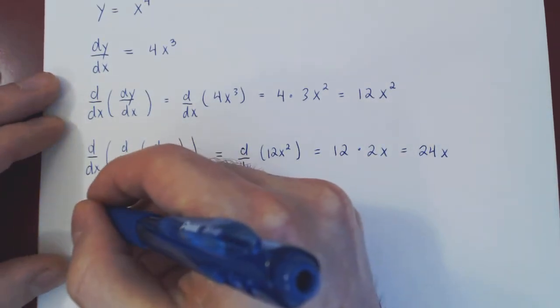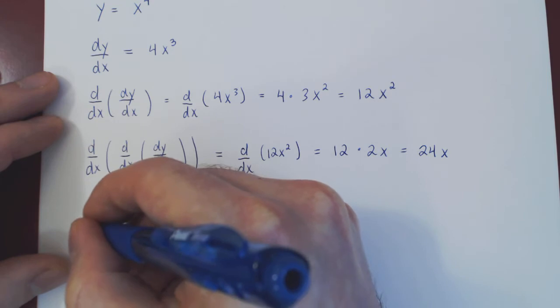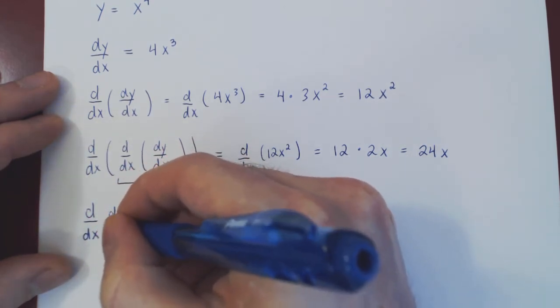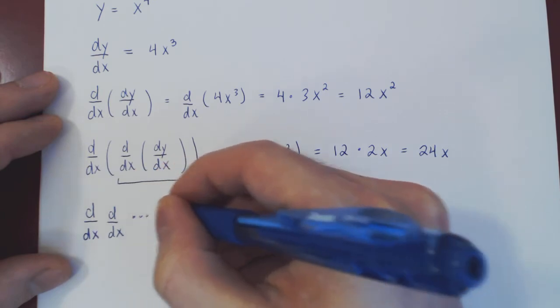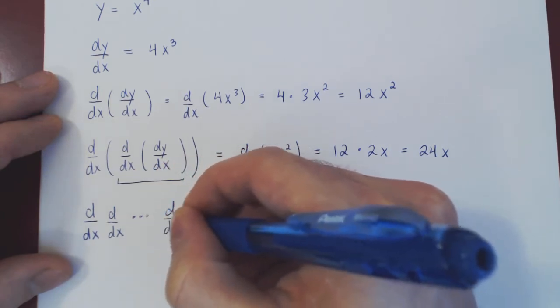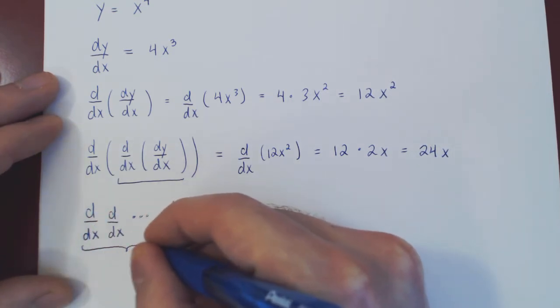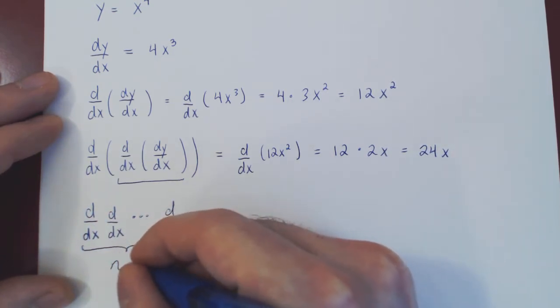And so d over dx says take the derivative of, take the derivative, dot dot dot, take the derivative. So here we're saying differentiate n times. So n could be any positive integer.